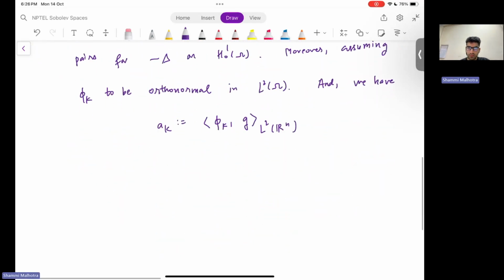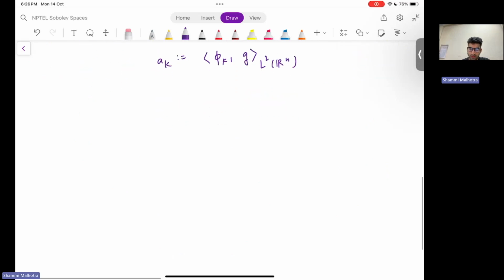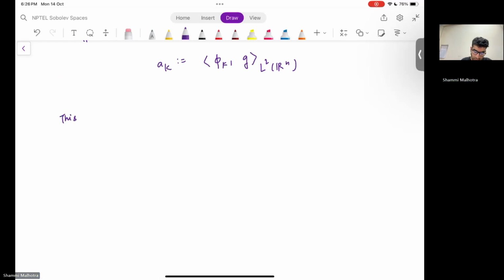So with the help of this, how do we define a one parameter family of operators? It comes out naturally. This naturally defines a one parameter family of operators.